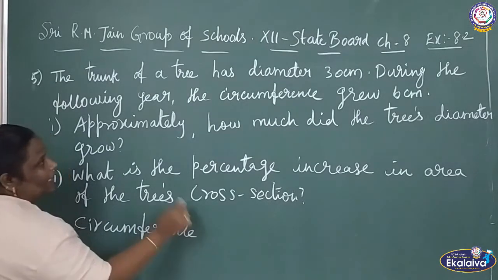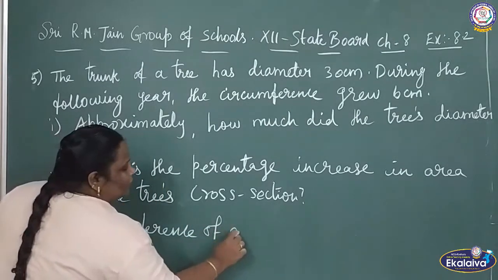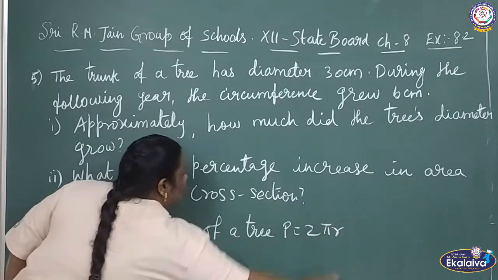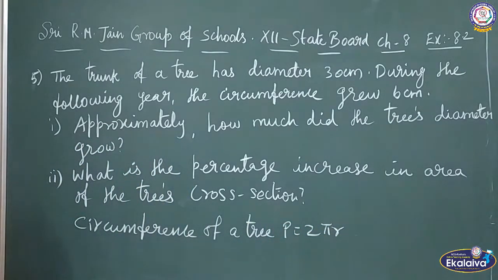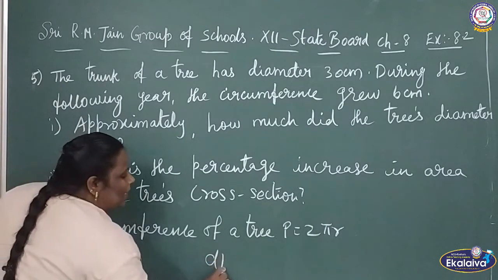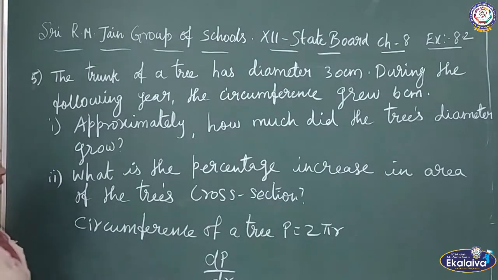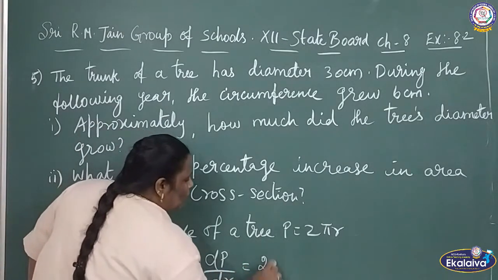See, circumference of a tree, p equal to, what is the formula? You know very well, p equal to 2 pi r. So differentiating with respect to r, dp by dr equal to 2 pi.